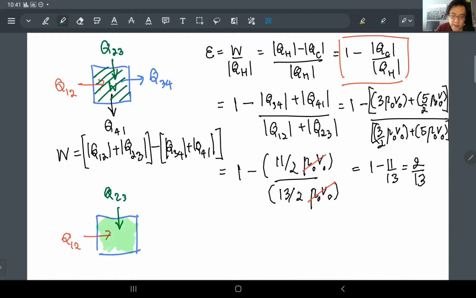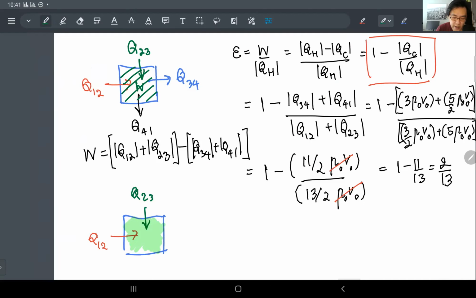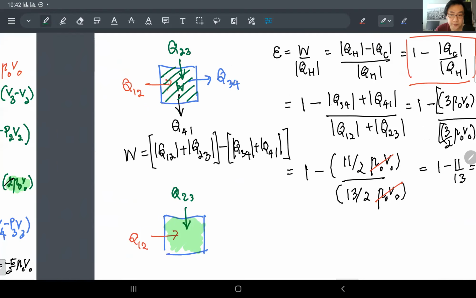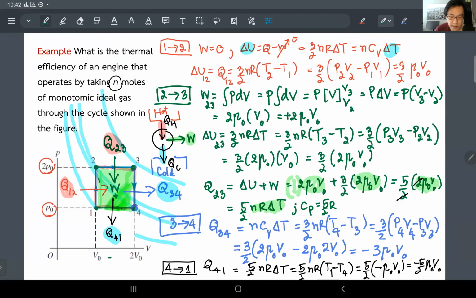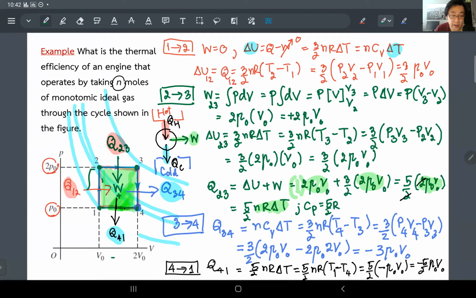And from the diagram, I know right away the area in here is going to be the width times the height. Everyone can see right away that the width times the height is just P naught V naught. It's so simple to calculate the W from this process.